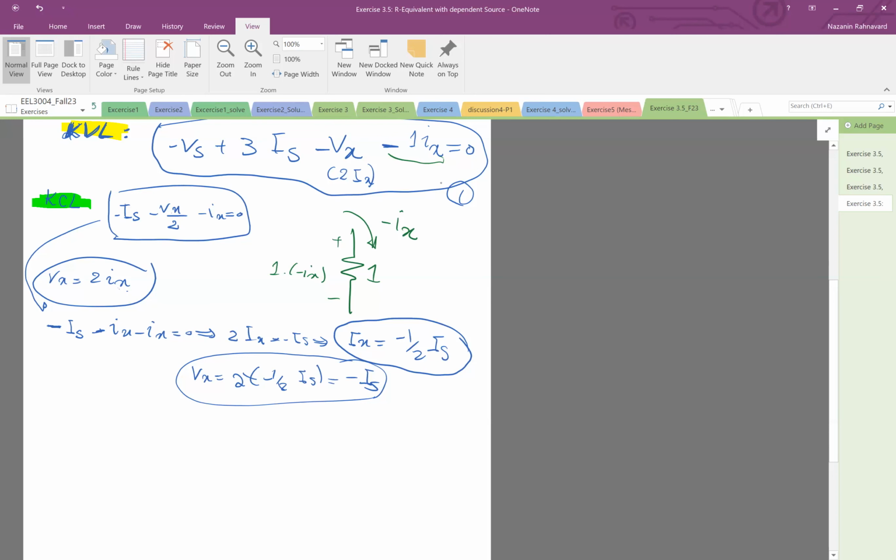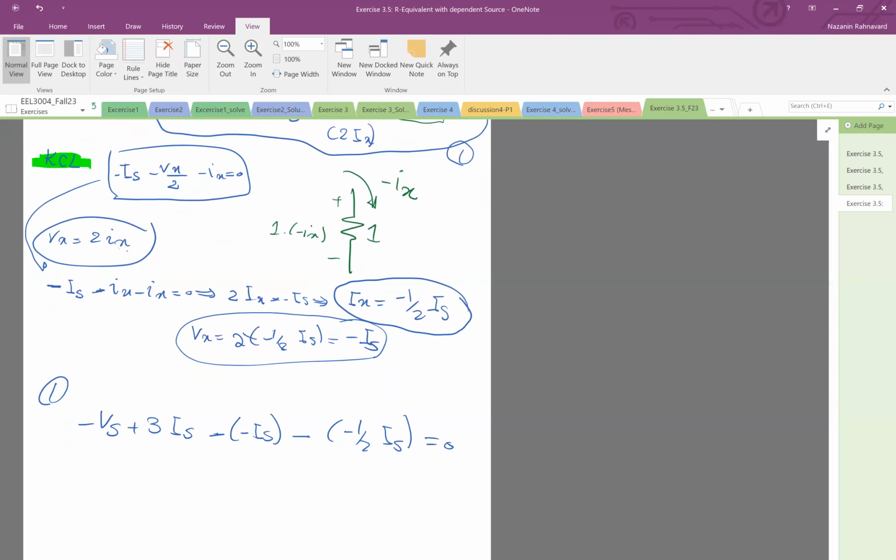Okay, going back to equation 1. Negative Vs plus 3Is minus Vx, which is negative Is, minus Ix, which is minus half Is, equals 0. Okay, cool.